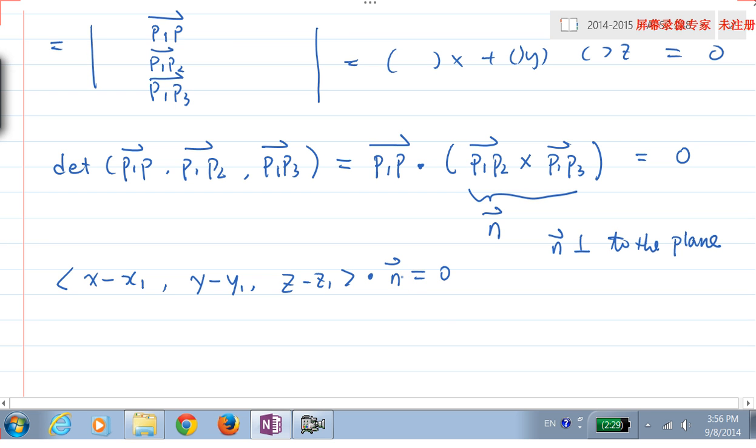So let's say we define n equal to a vector a, b, c. It's going to be a constant. Then we plug this n into the dot product.